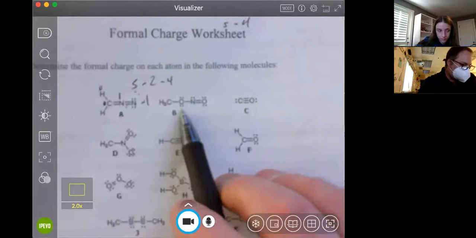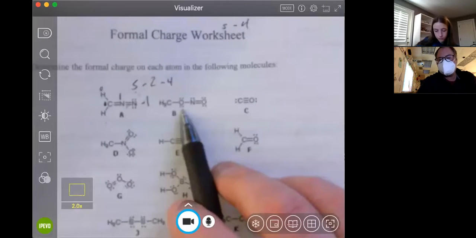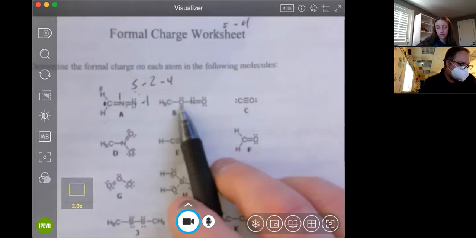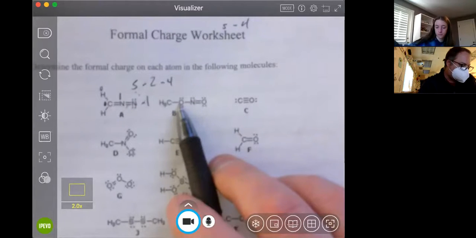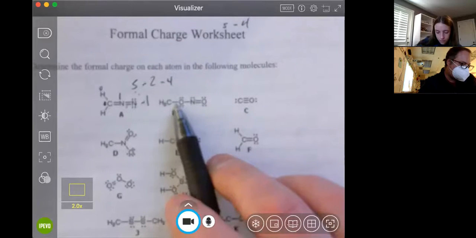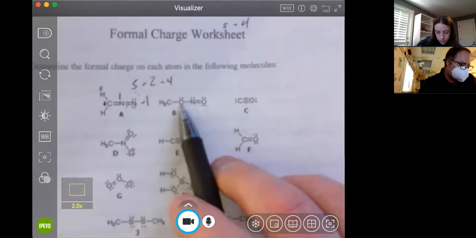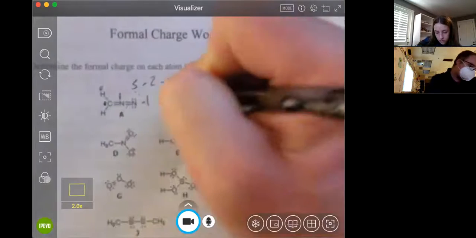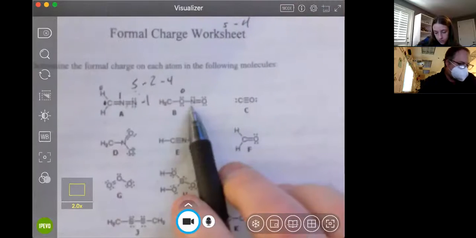So if we take a look here, somebody want to do the oxygen here? It is 0. We have 6 for the valence electrons, minus 1, minus 2, right? So that brings us down to 4, and then subtract the 4 dots. How about this nitrogen here?